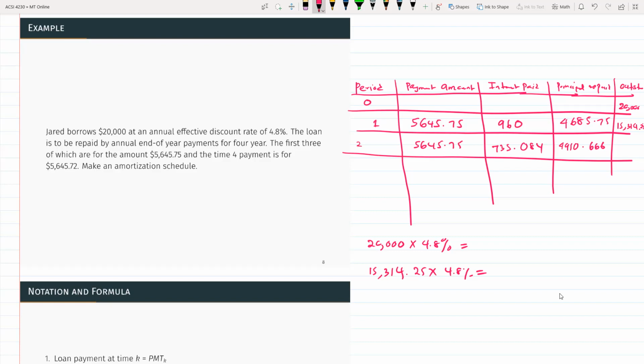And the remaining loan balance would be 10,403 and 584. Let's go to the third one.